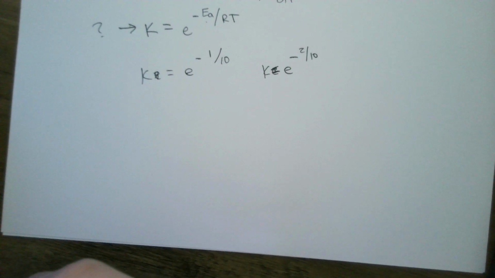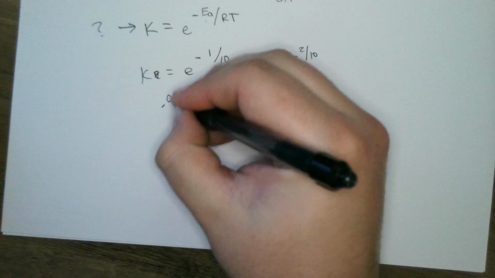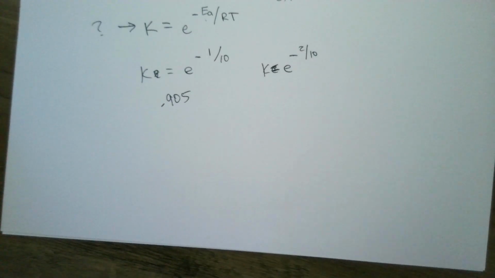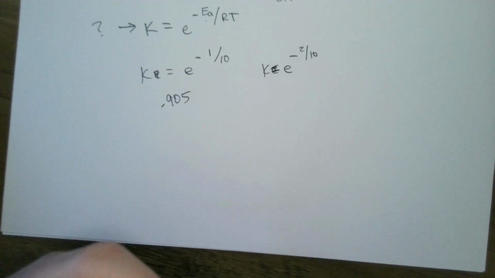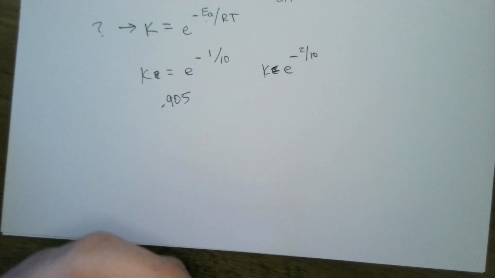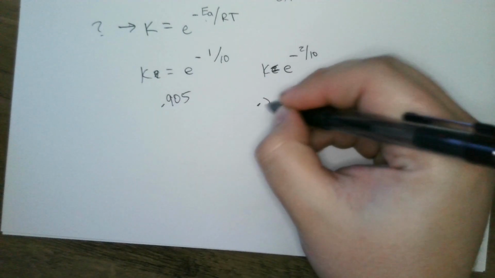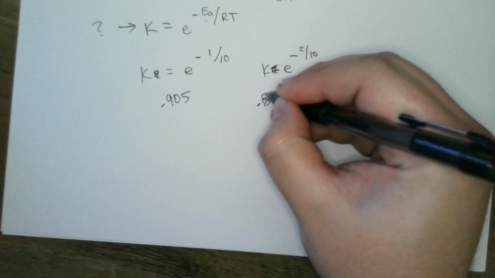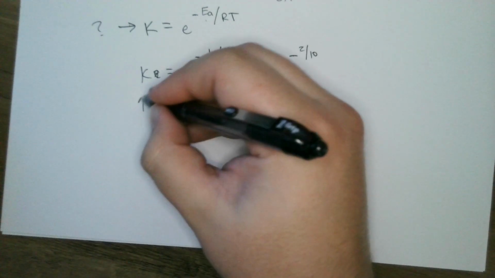I'm going to do E to the negative 0.1. And I get 0.905. I'm going to do E to the negative 0.2. And I get 0.819. It's higher.